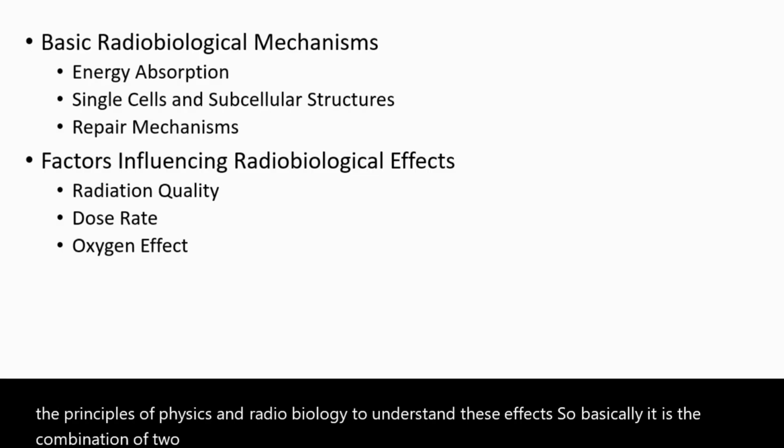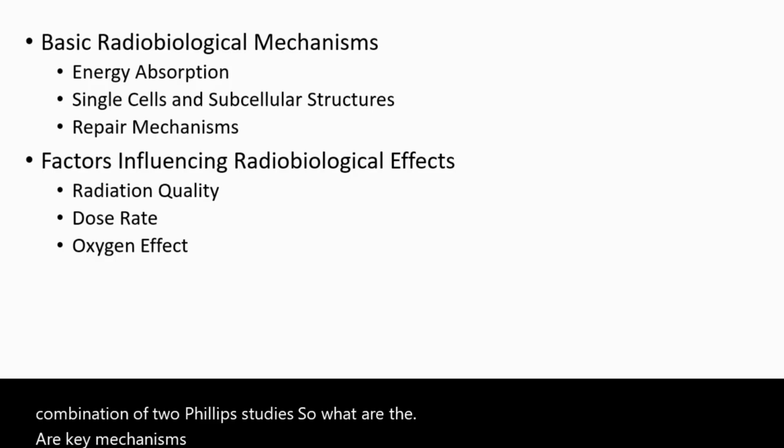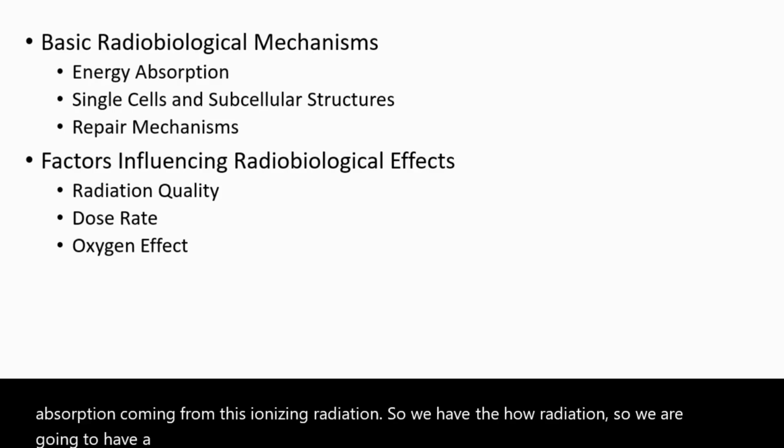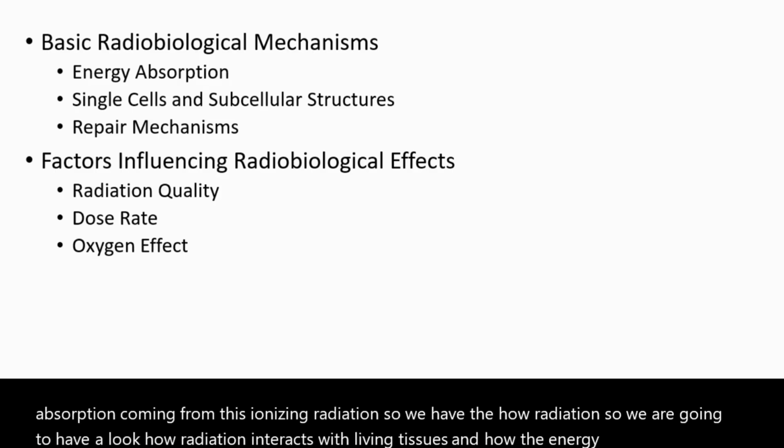So what are the key mechanisms in radiobiology? Number one, there must be ionizing radiation and energy absorption coming from this ionizing radiation. So we are going to have a look at how radiation interacts with living tissues and how the energy is basically deposited.